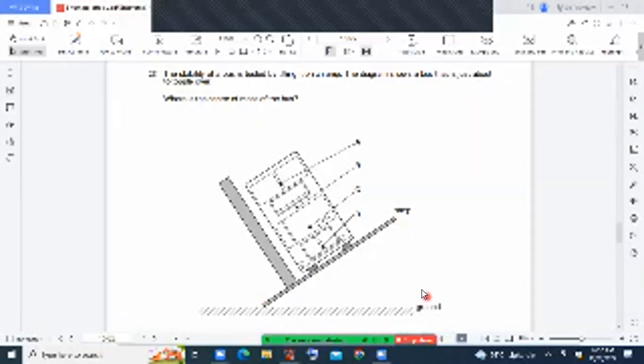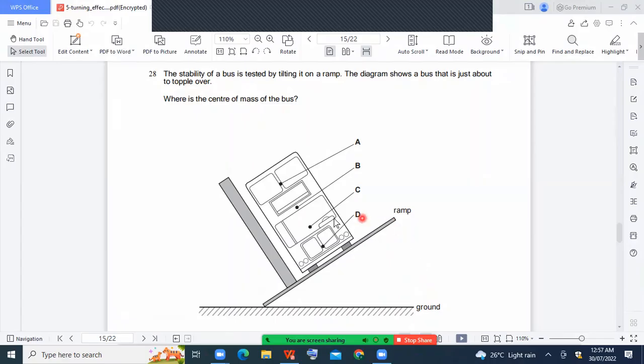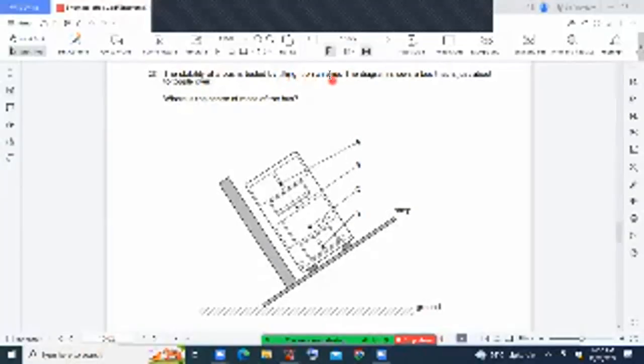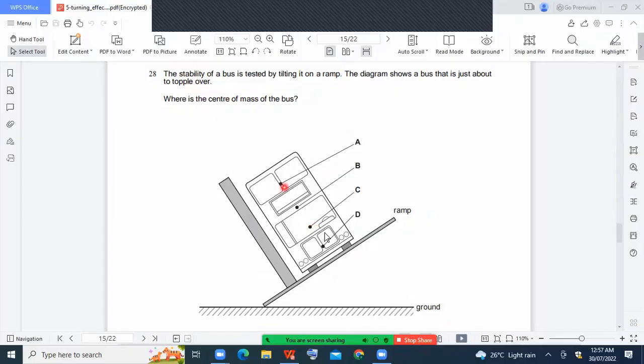In order to check the stability, we just lift it like this, so that if there is a U-turn or a hilly area and the bus is going to take a turn, it would not topple. The stability of the bus is tested by tilting it on a ramp. Okay, it's a ramp and they are testing. These are the expected positions of center of mass or center of gravity. The diagram shows a bus that is just about to topple over.